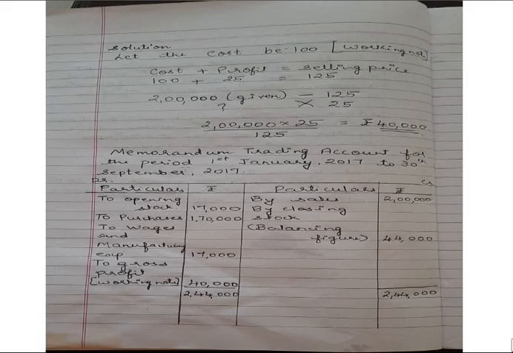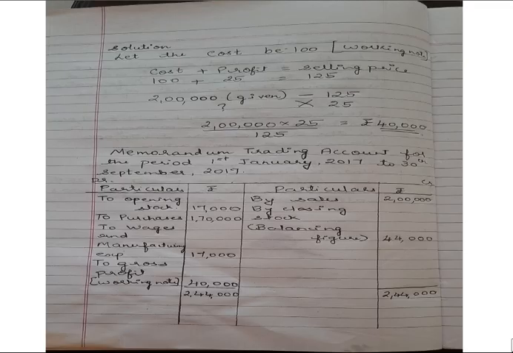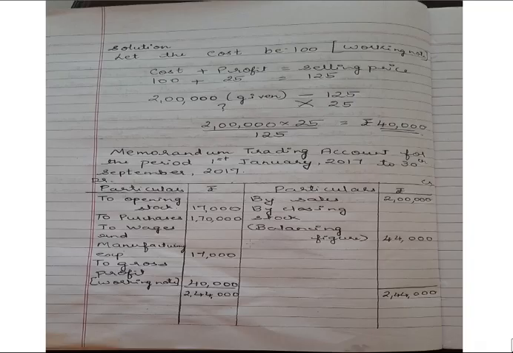See, the last slide also I have given you how to calculate the claim. So insurance claim is equal to closing stock on the date of fire. See what we have computed here, it is 44,000. So you will write here the closing stock on the date of fire, 44,000. Less stock saved. Stock saved how much?